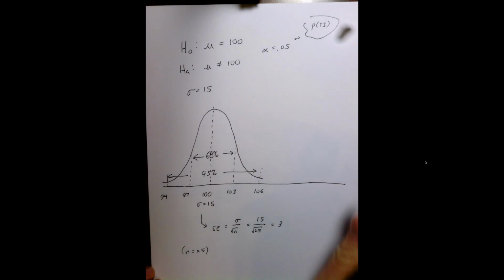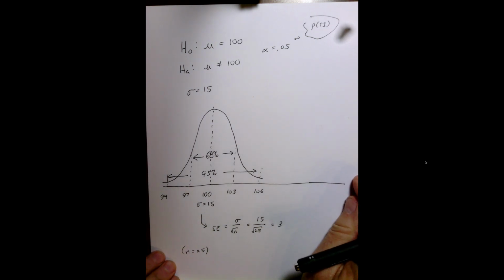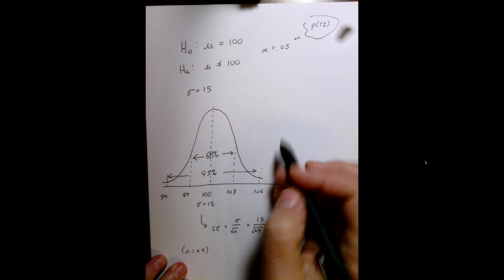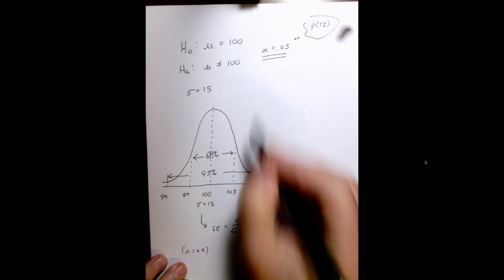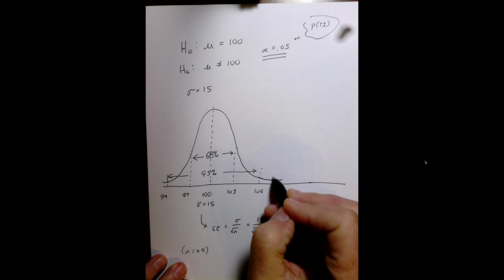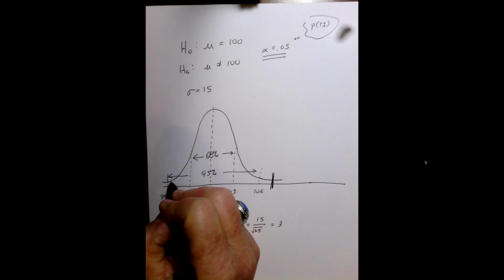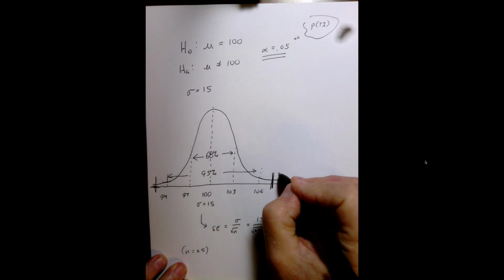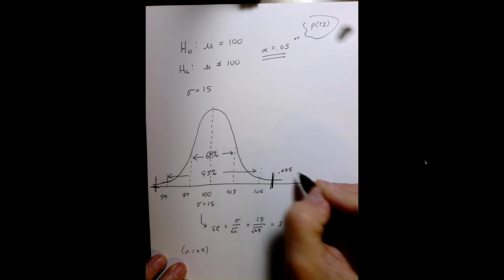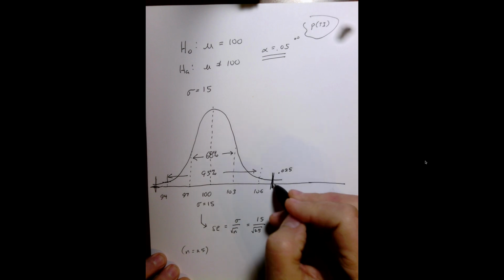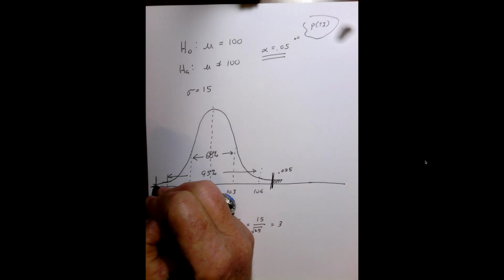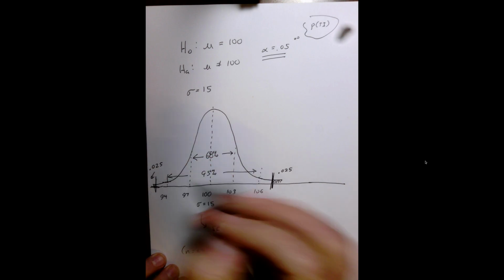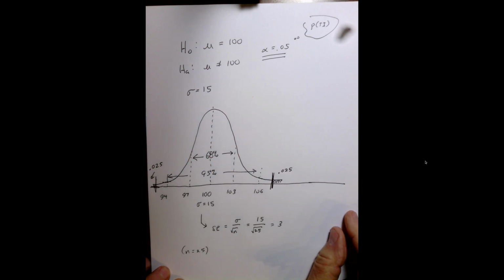Now, we can take this a step further, and since we're testing at 0.05, we can find the values that have 0.025 in this region and 0.025 in this region.